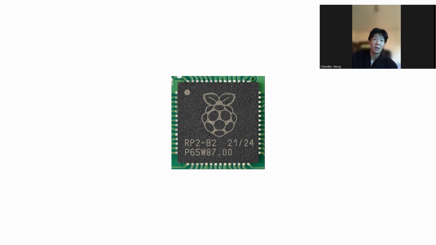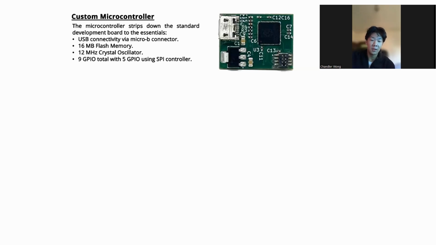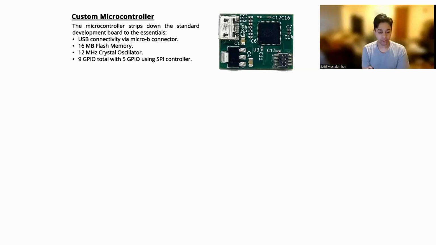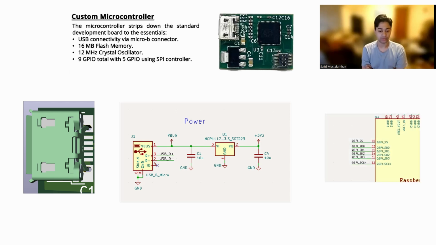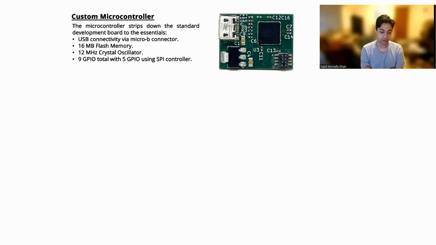Our design is pretty standard according to the datasheet, and we just stripped down to the pins that we needed. Going off what Chandler said for the custom microcontroller, we also chose the RP2040 for the built-in USB controller and built-in SPI controller, our primary interface for the microcontroller to SPI board. As he was saying, we stripped down to the bare essentials.